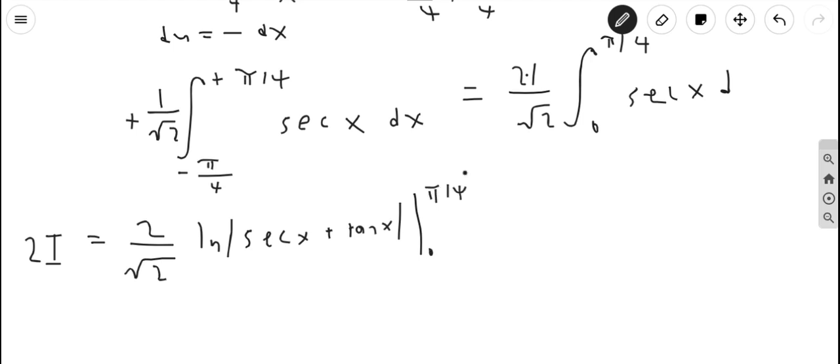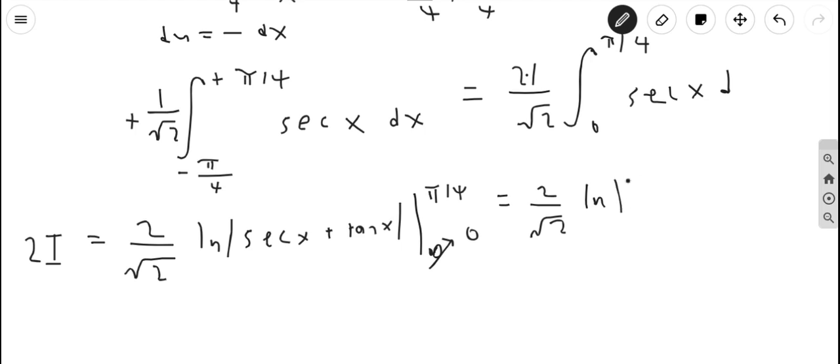And this is all equal to 2I. For our lower bound, we can see that it vanishes because tangent of 0 is 0 and secant of 0 is 1, and that leaves us with the natural log of 1, so that vanishes. So I have 2 divided by the square root of 2 times the natural log of secant of pi over 4.